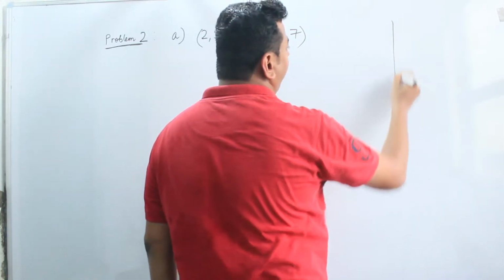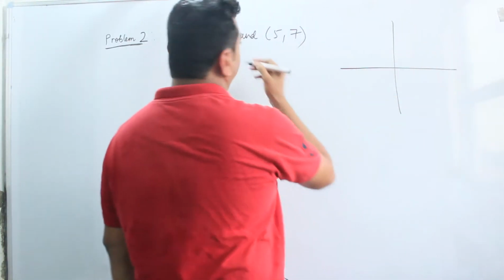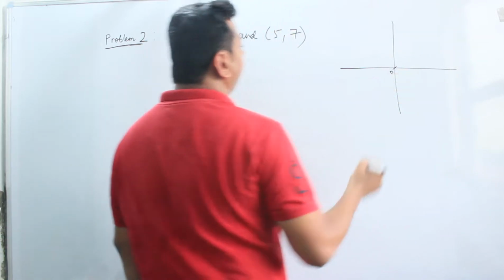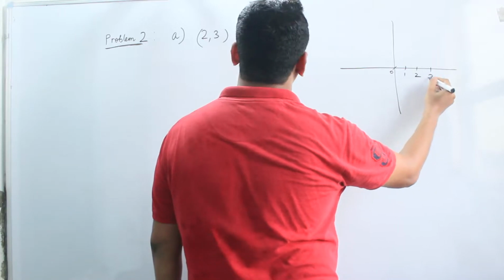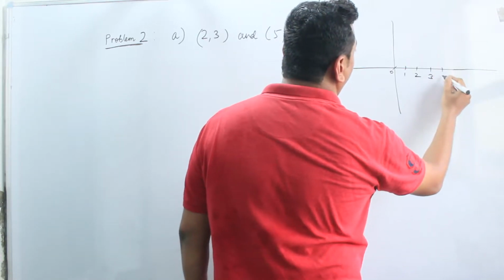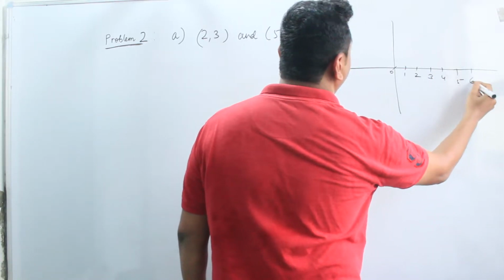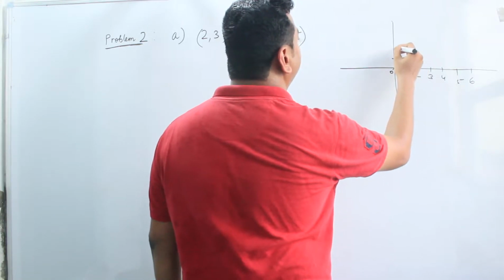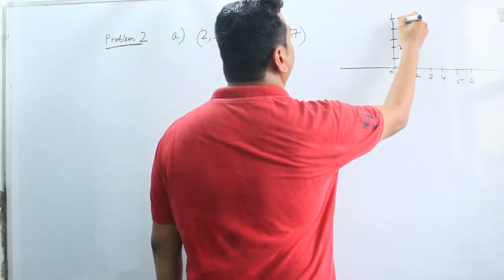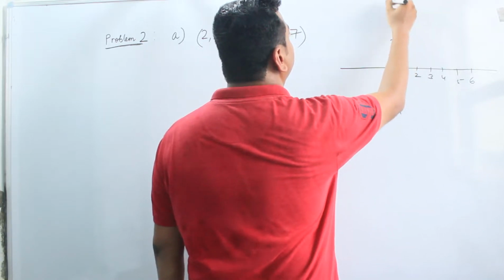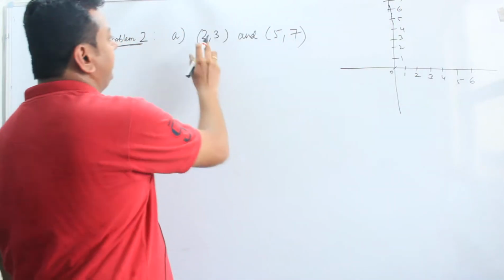So what we will do, we'll plot these points. So this is 0, 1, 2, 3, 4, 5, 6, and 1, 2, 3, 4, 5, 6, 7, right?